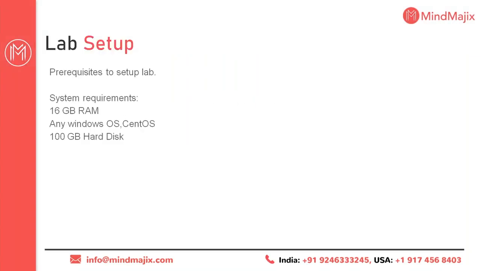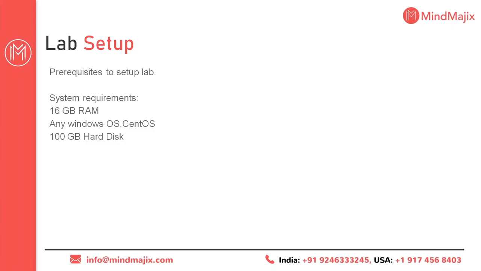The lab setup is already there with you all. The minimum requirement is 16 GB of RAM. If it is 32, then that is fine, but the minimum recommended is 16 GB. Then we want any Windows OS, from a minimum of Windows 7 up to Windows 8, 8.1, or 10. It can be Windows Server 2008 R2, Windows Server 2012 R2, or Windows Server 2016 R2.